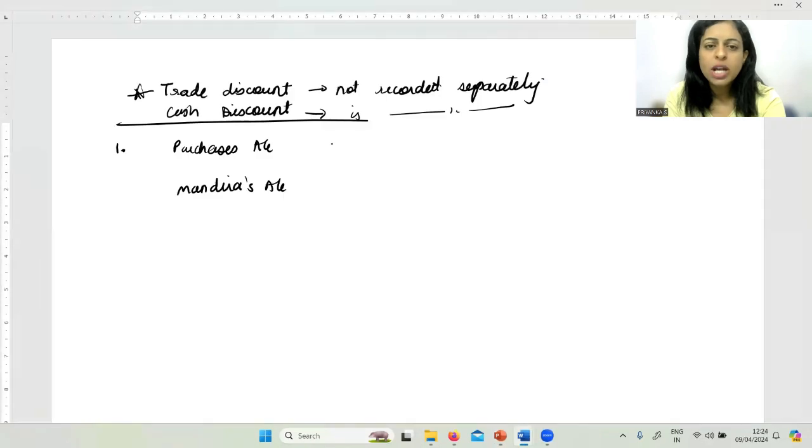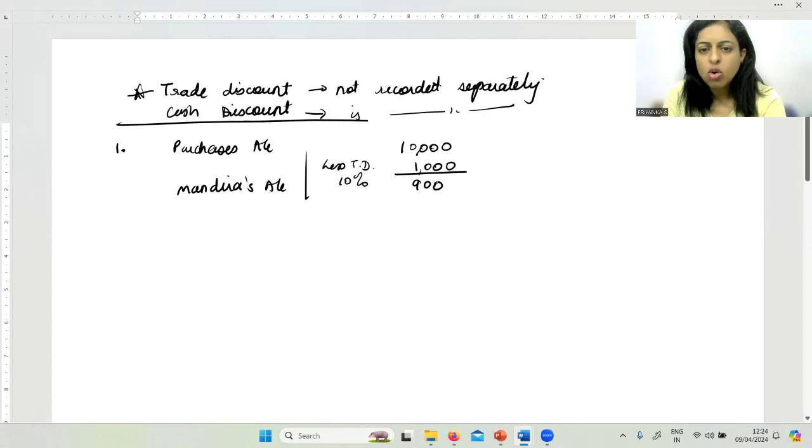Now, I'm not going to write 10,000 of purchases here, but I'm going to reduce the trade discount. So how will I write it? I will take the amount of 10,000 first, right? Less trade discount. How much is the trade discount? It is 10%. So 10% trade discount means 1,000 is the amount of trade discount.